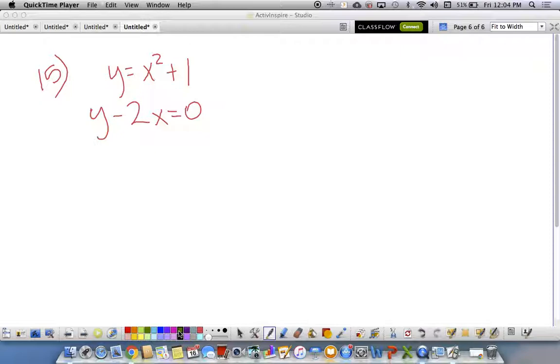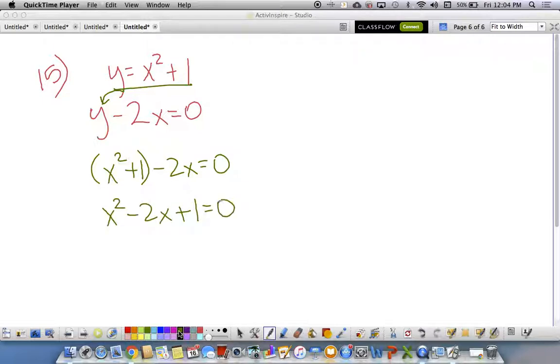I see y equals, and I'm plugging it in. So I see x squared plus 1 minus 2x equals 0. I'm probably going to rearrange it to x squared minus 2x plus 1 equals 0.